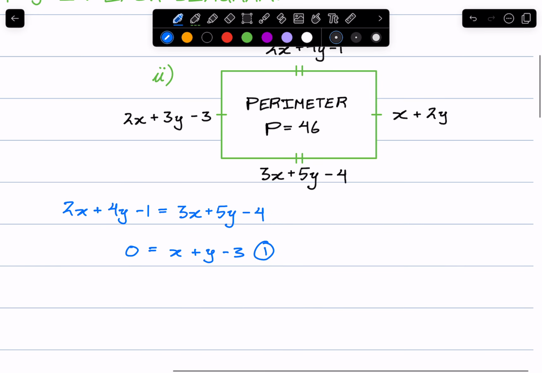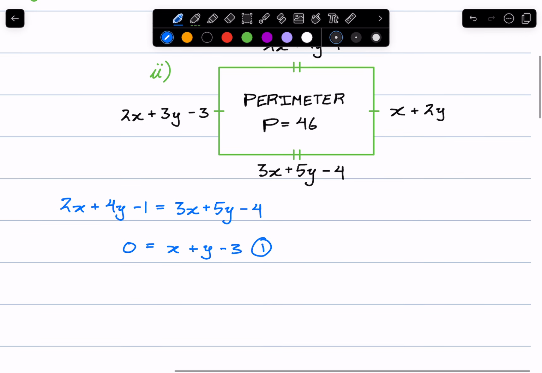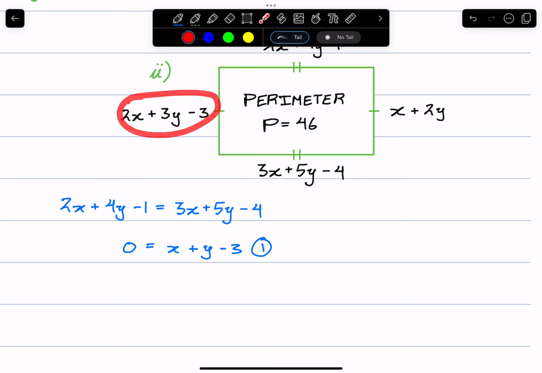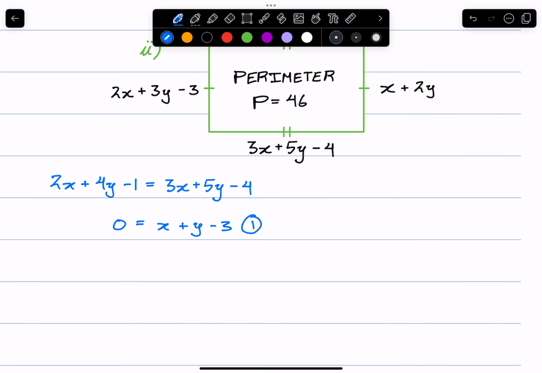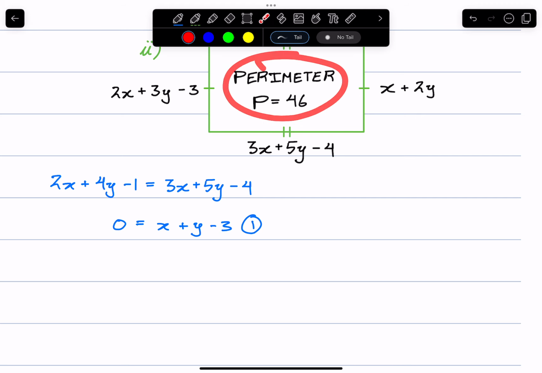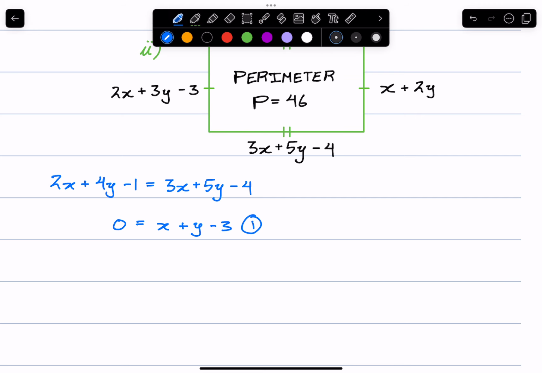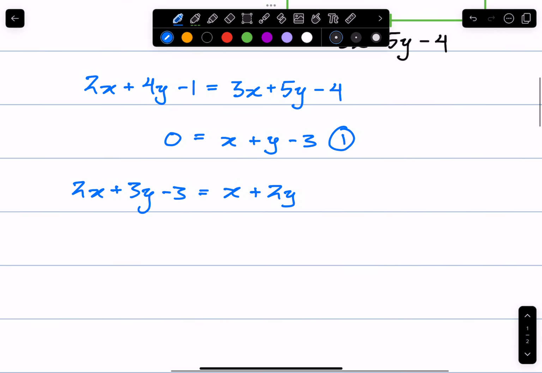And now when we try the other side, so we get these two, take a look at what happens, and you'll notice why we really need to use this one. So we let this side, 2x plus 3y minus 3 equals x plus 2y. Now notice what happens if I bring everything to one side.